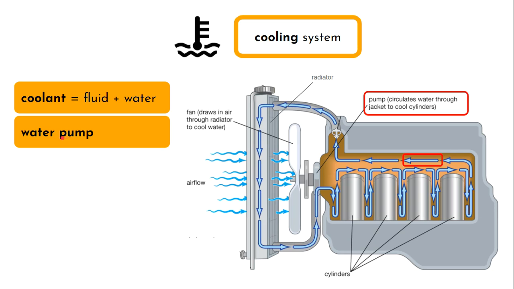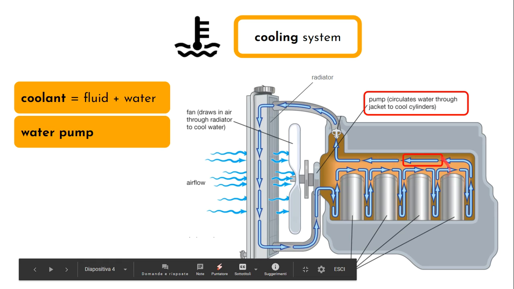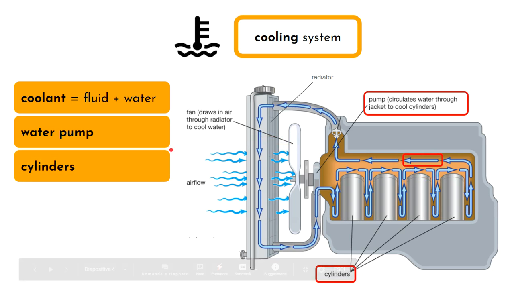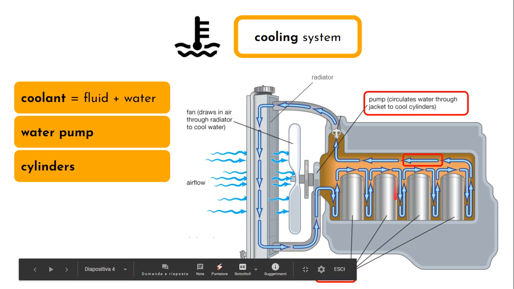Second thing, you need a water pump, of course. Just like you have an oil pump, you need a water pump, here it is, to circulate the water all around the engine, okay? Third, where does the water go? Dov'è che va l'acqua? Cosa deve raffreddare? Of course, it needs to cool basically all the space around the cylinders.